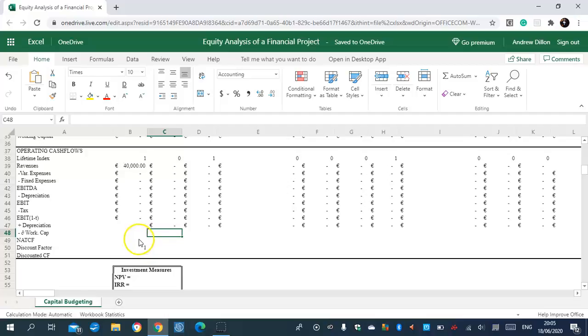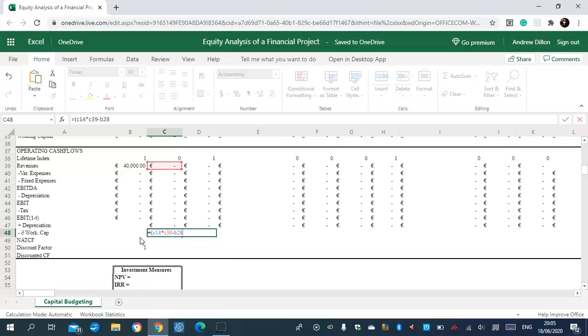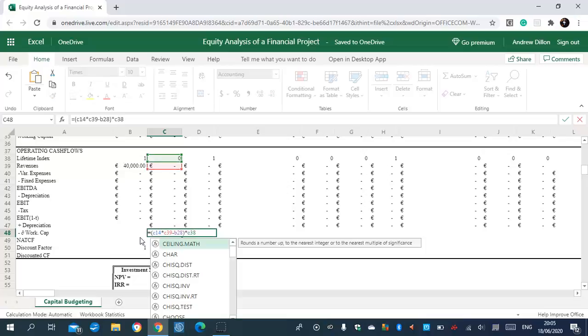Okay, now we're on to the annual working capital. This will require a lump sum table. Okay, and it's percentage.